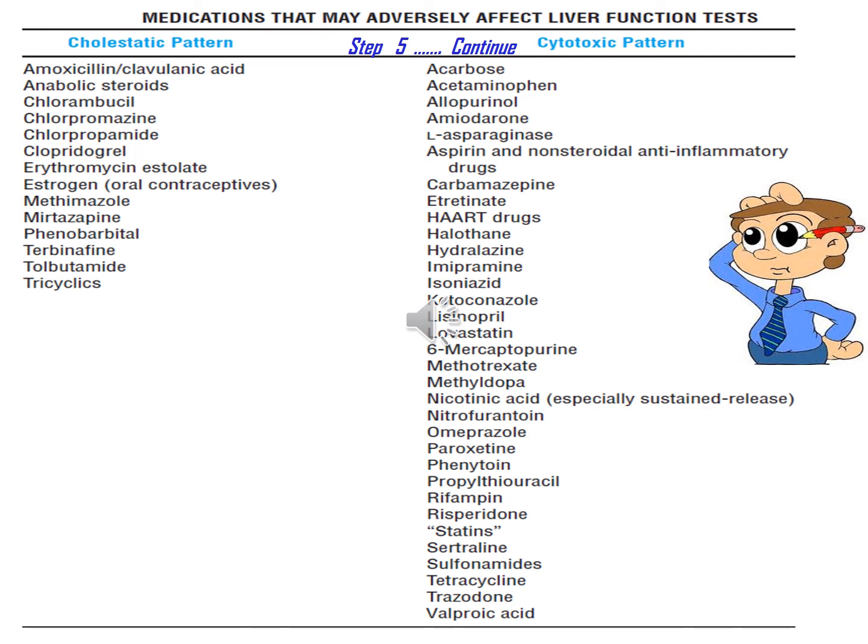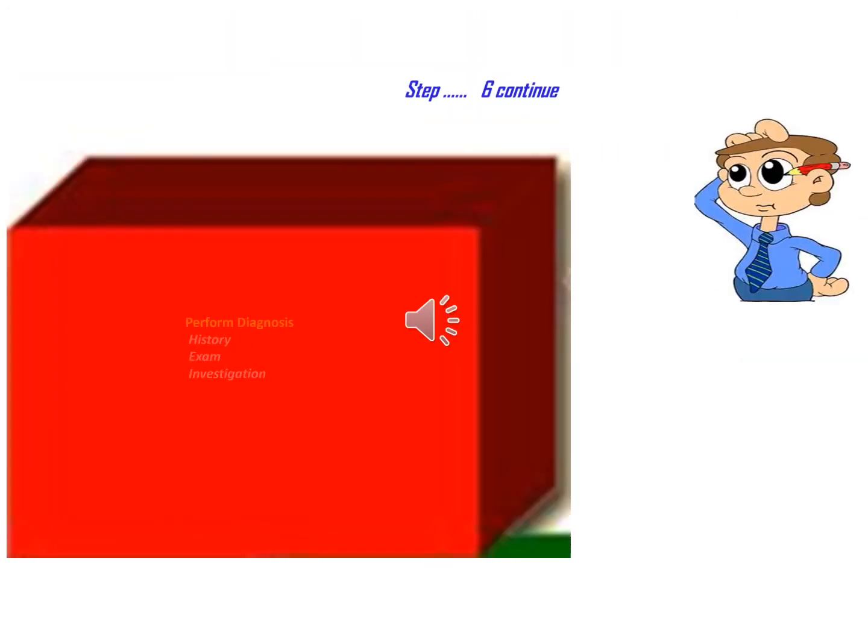All of these can cause a cholestatic pattern. Other medications can cause hepatocellular injury; the prototype is acetaminophen, causing acute liver failure, amiodarone, an antiarrhythmic, carbamazepine, an antiepileptic, and so on. So drug history is of utmost importance.